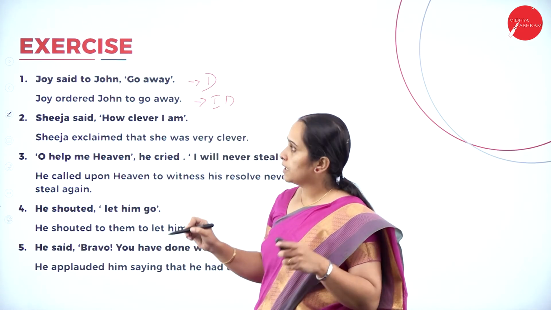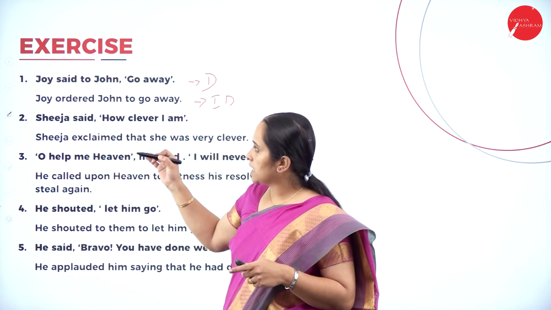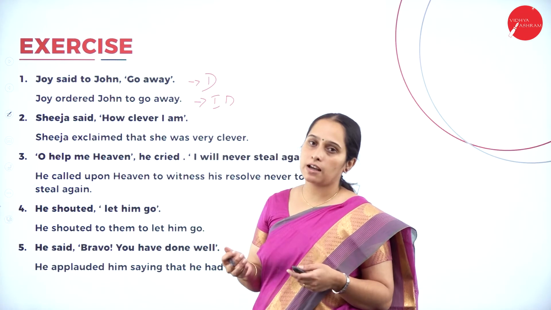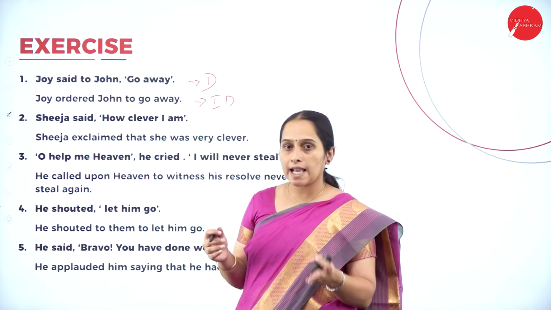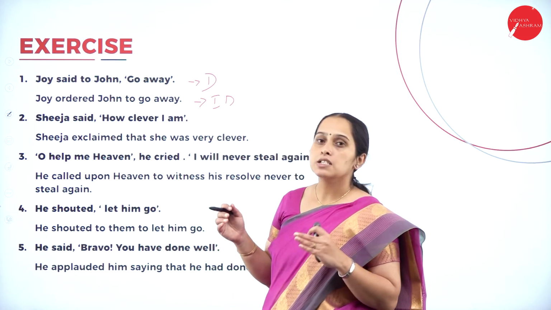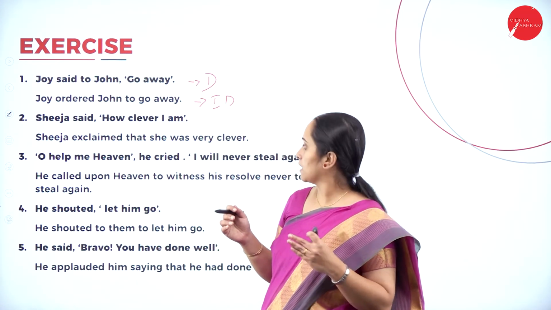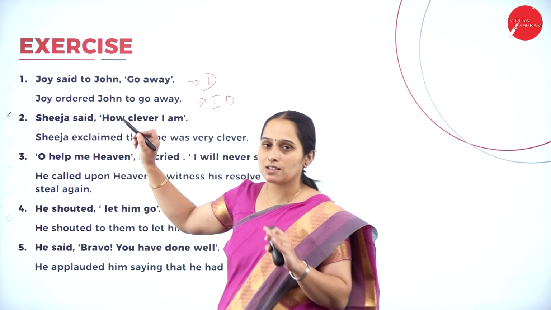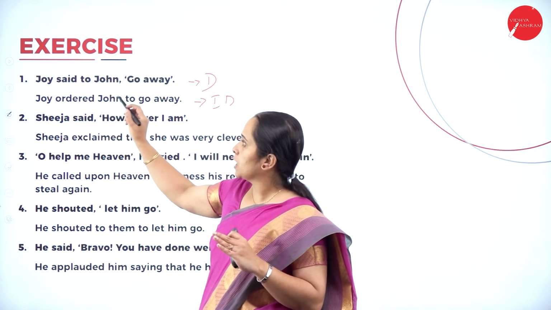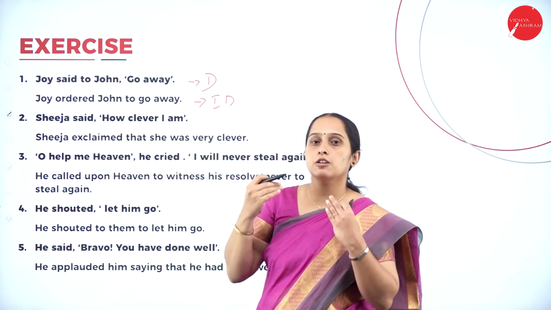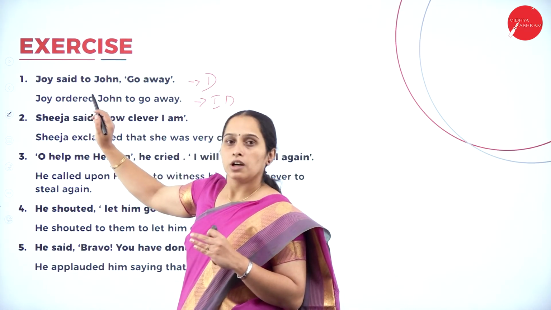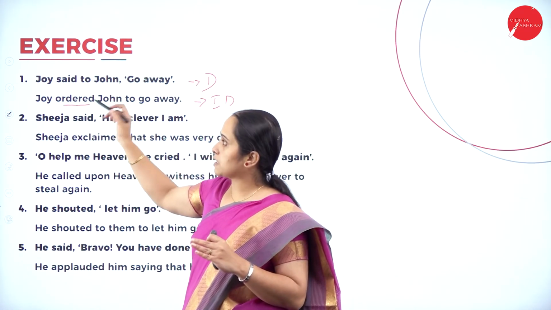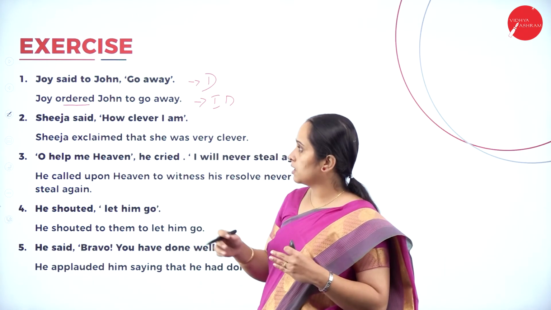Okay. Next one. Sheija said, "How clever I am." So, Sheija exclaimed that she was very clever. You can use these types of words instead. So this is "go away." It's an order, right? So, you can use "ordered." Instead of writing something else, you can use that word ordered here.